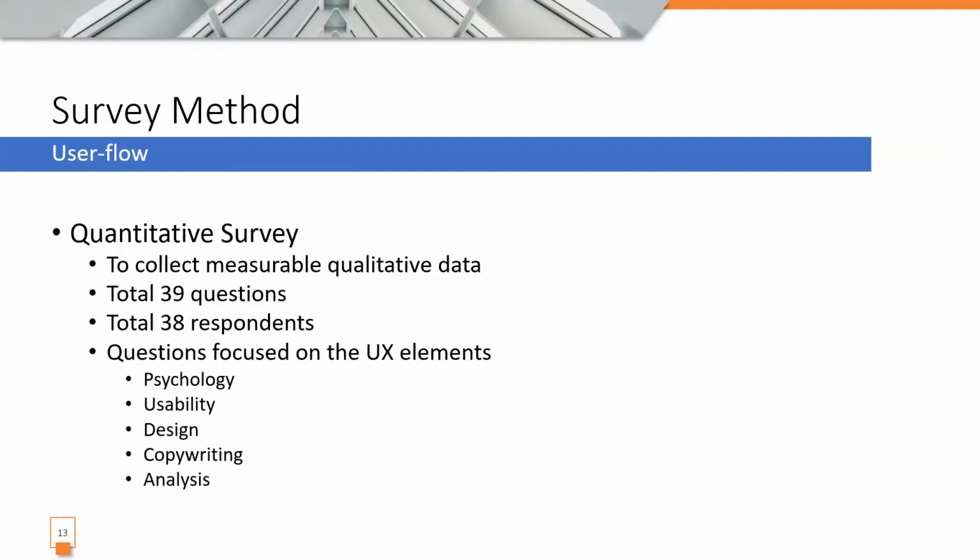There are a total of 39 questions, and I have received a total of 38 respondents. The questions focused on the UX elements of psychology, usability, design, copywriting, and analysis.